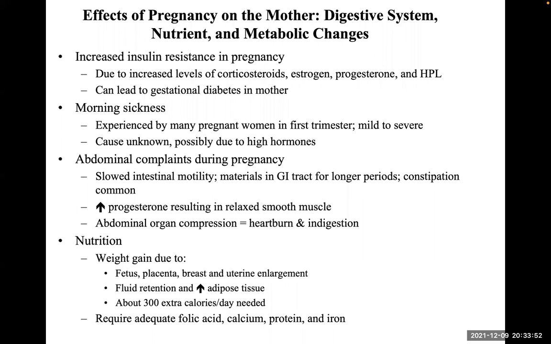And so having some extra adipose tissue increases the likelihood that if that woman were to go through a period of starvation, she might still be able to sustain a pregnancy and still have enough adipose tissue to support the metabolic needs associated with lactation.